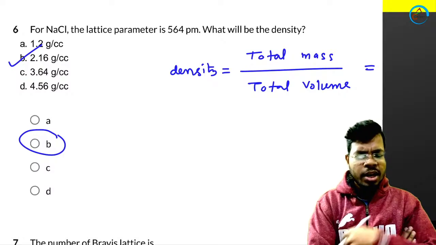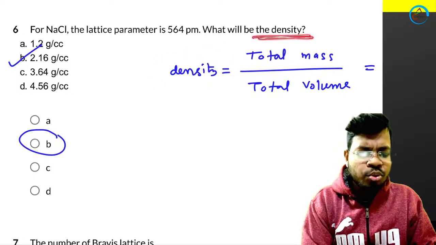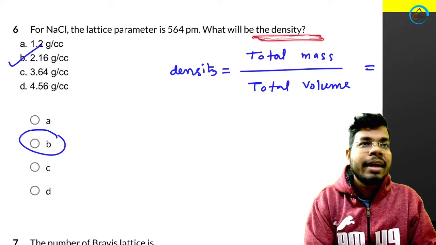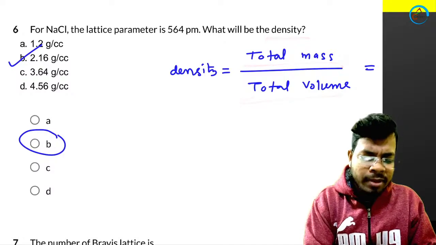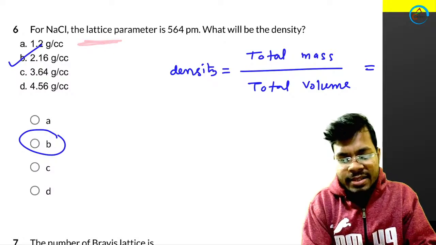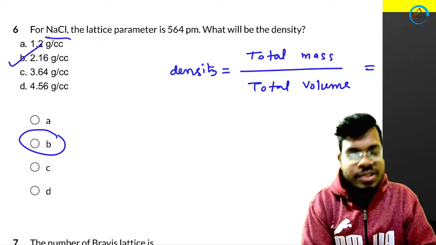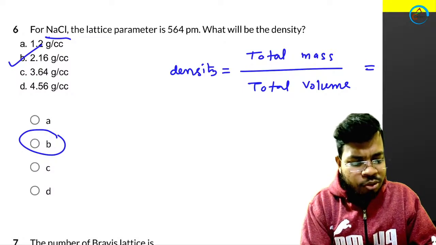So why have I written this kind of thing? I am asking you to calculate density, simply density, right? So density means mass by volume, you know. I am writing total mass and total volume because we are dealing with a lattice, the NaCl lattice. Fine. So for a particular lattice, how can I calculate total mass?